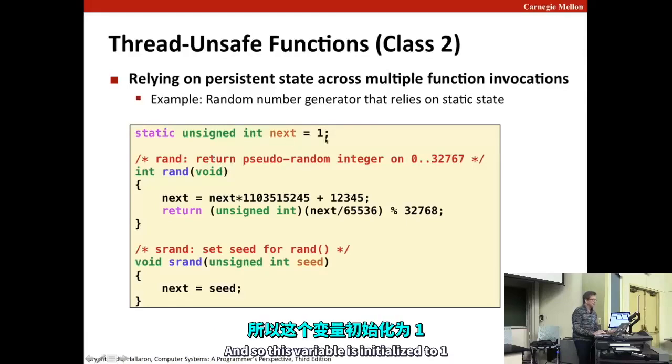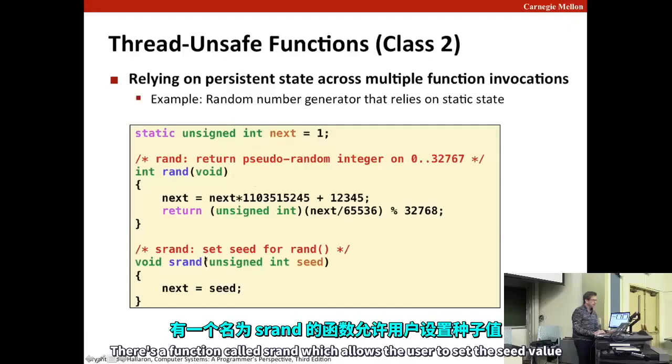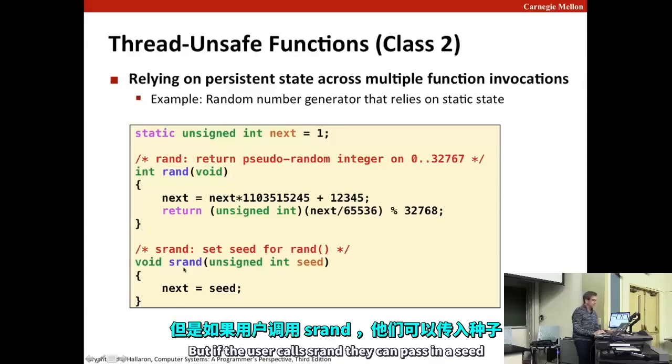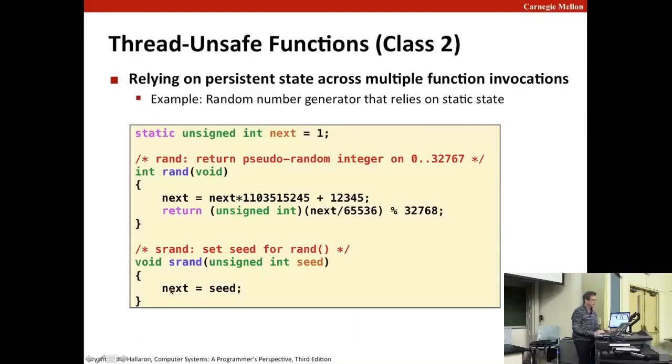This variable is initialized to 1. There's a function called srand, which allows the user to set the seed value. So the default seed value is 1, but if the user calls srand, they can pass in a seed, which is just assigned to this next variable.